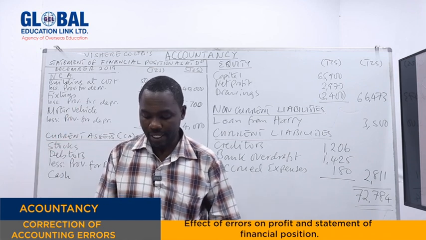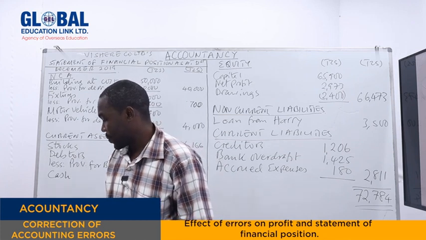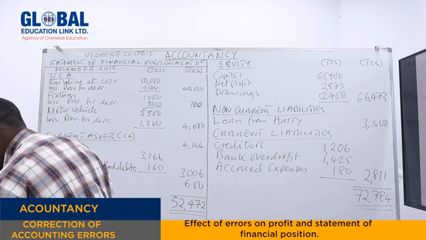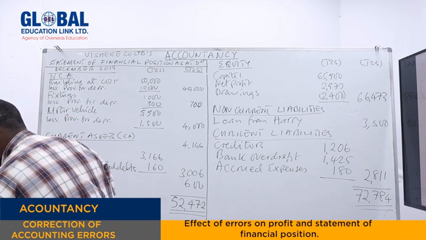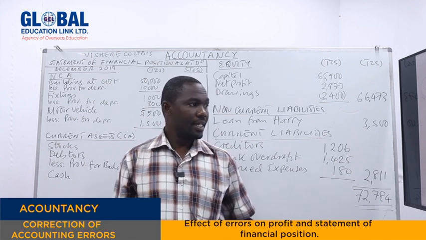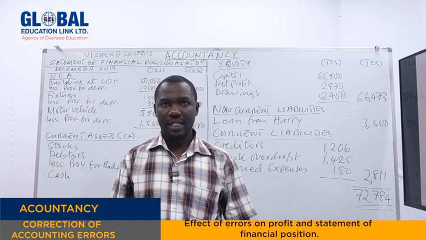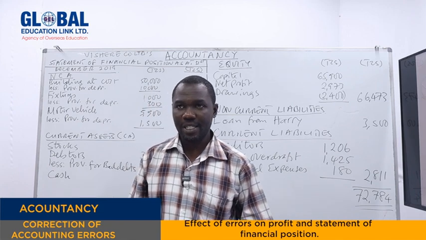Well, so the difference is 20,312. This is the actual difference, and this is supposed to be placed into the suspense account. Let us now open our suspense account.